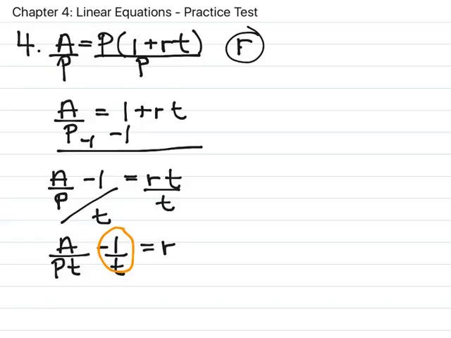Then we'll have A minus P divided by PT, and there's your answer, because that equals R.